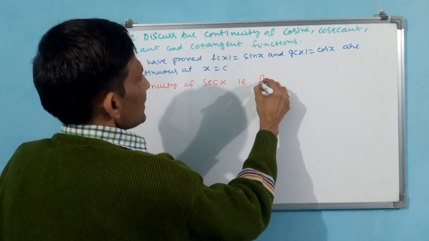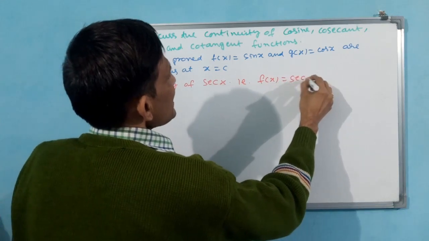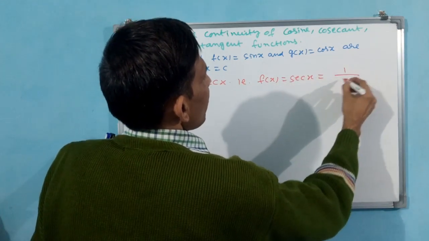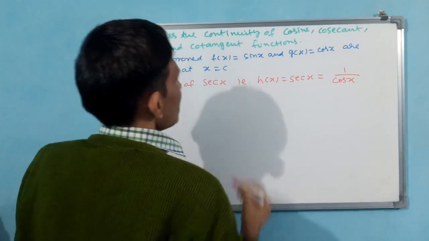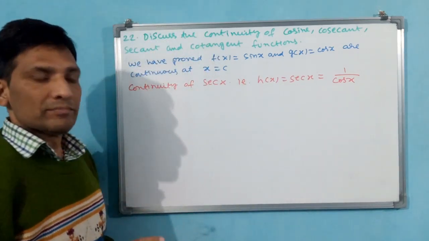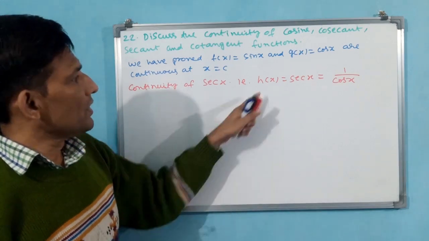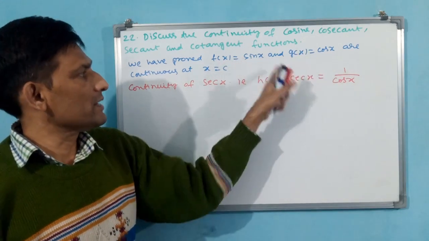That is, f of x is equal to secant x, that is equal to 1 by cos x. No, I am taking h of x, because f of x and g of x are already taken.